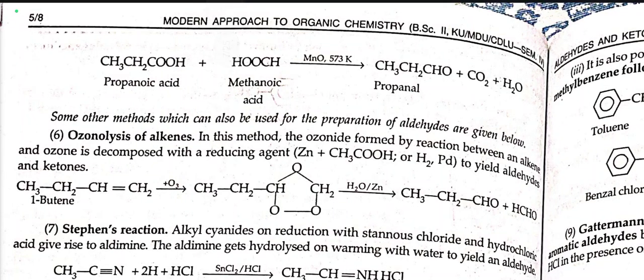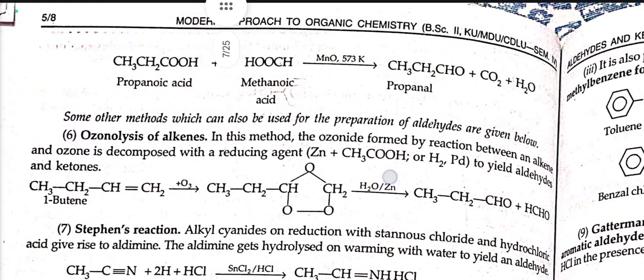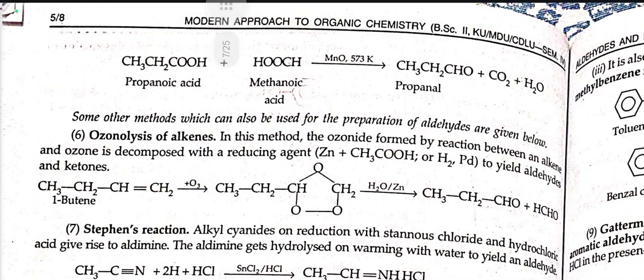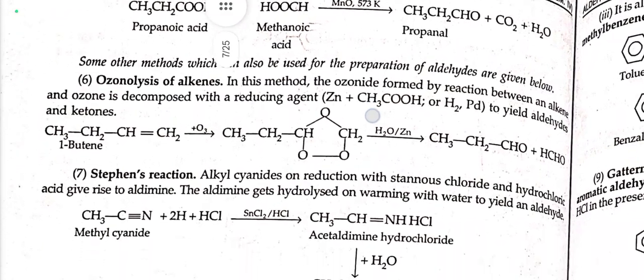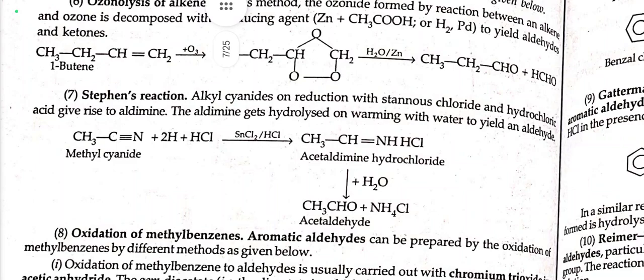Some other methods which can also be used for the preparation of aldehyde are given below. Sixth method is ozonolysis of alkenes. In this method, the ozonide formed by reaction between alkene and ozone is decomposed with a reducing agent to yield aldehydes and ketones.